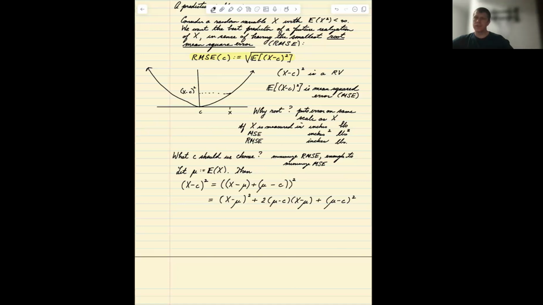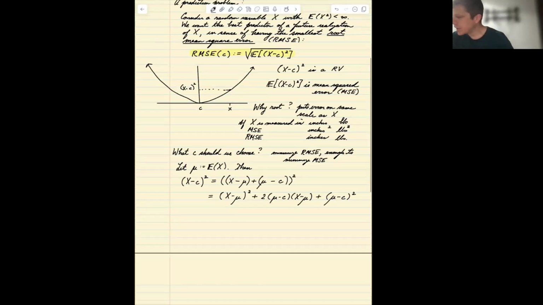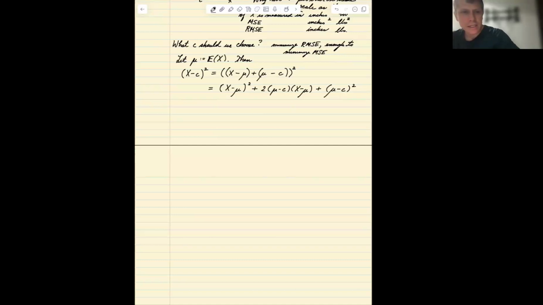They're both quadratic functions of c, and the root mean squared error can be obtained from the mean squared error by just taking the square root. The square root is an increasing function, so it's a monotone function. So it's enough to minimize the mean squared error. So let's do that.